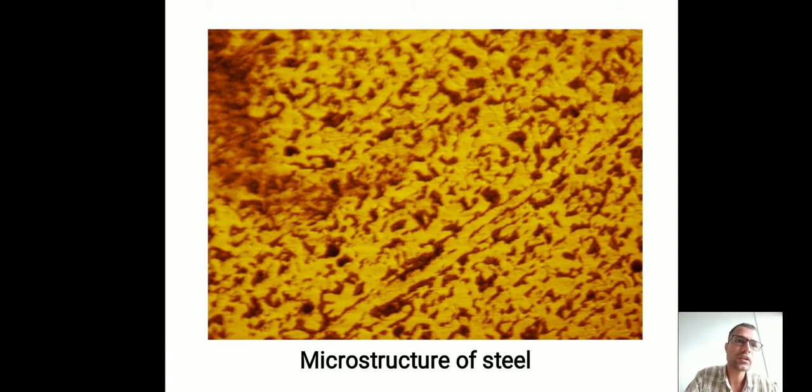So the microstructure of steel is in front of us. It consists of dark and bright phases. Certain names are there for those phases, and according to those phases, there are physical, chemical, mechanical properties for the microstructure of this steel. So clear, friends, what is microstructure? Simply, microstructure means the internal structure of the material.